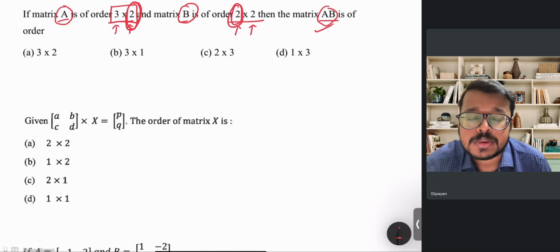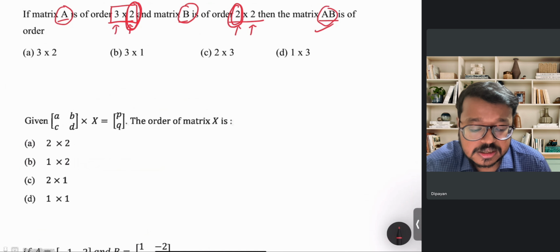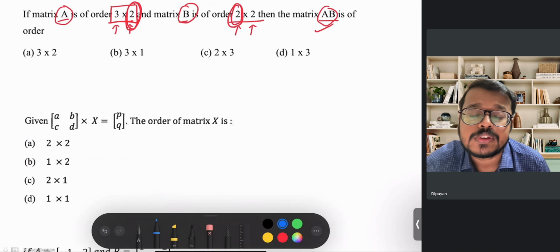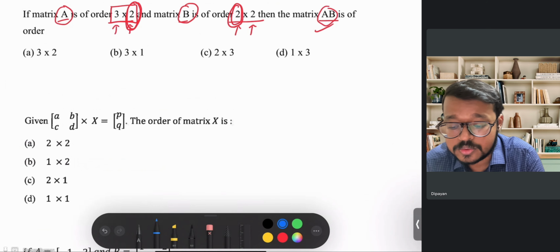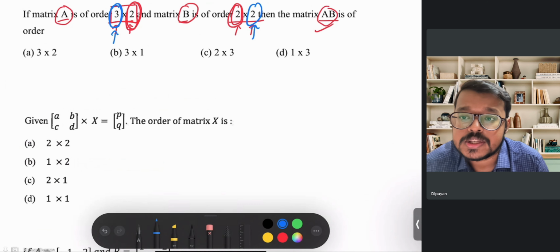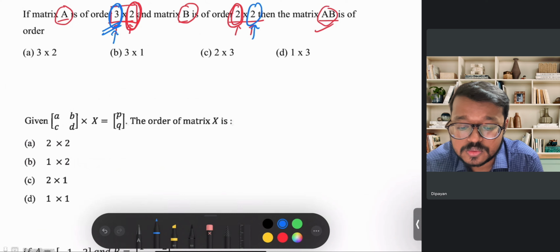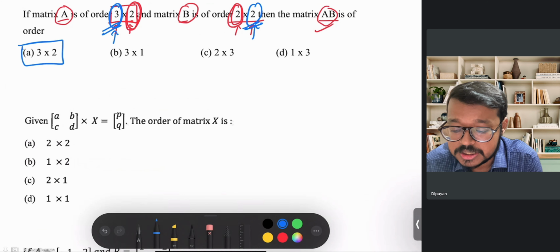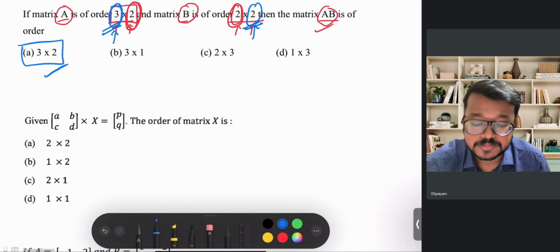So yes, we can multiply the two matrices, A multiplied by B, and the result will be a matrix which has an order equal to the number of rows of the first matrix and the number of columns of the second matrix. So the result of this operation will be a matrix which has 3 rows and 2 columns. So option A is correct.